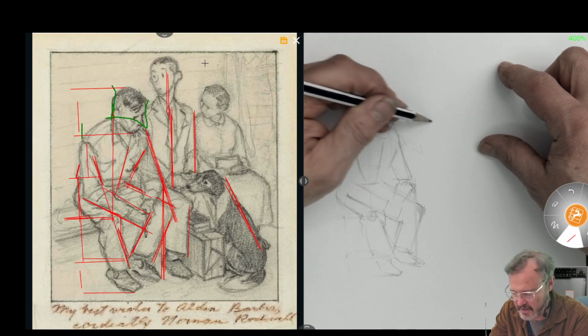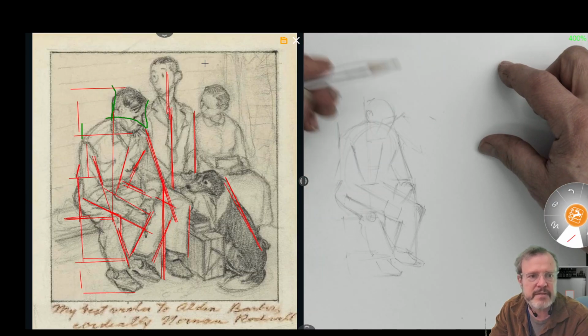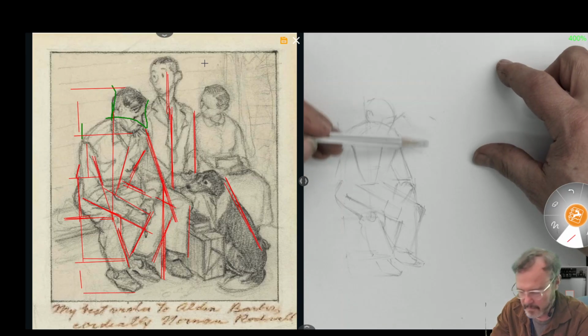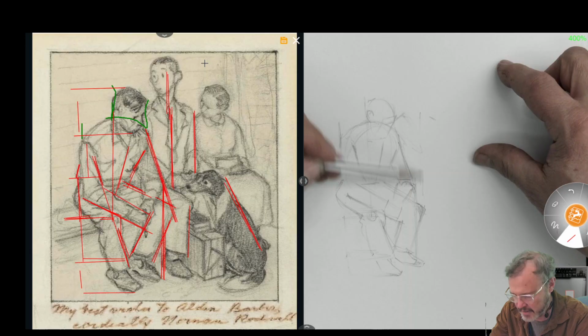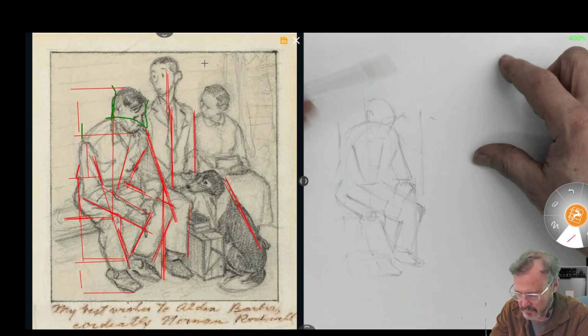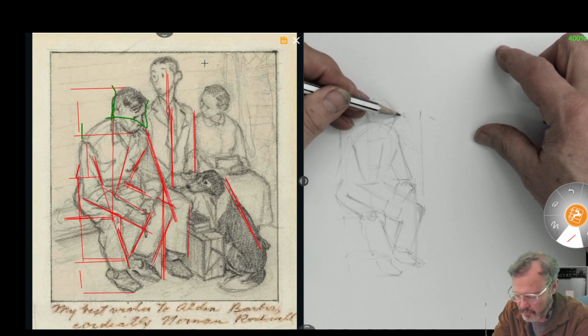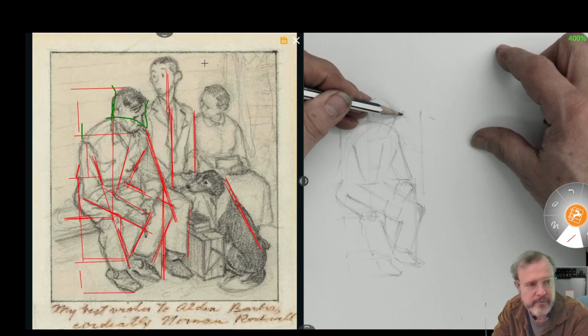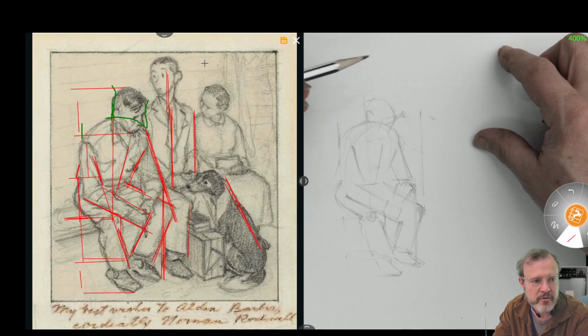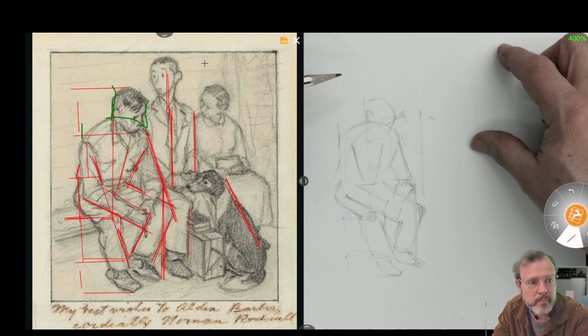It's obviously not just about formal relationships. It's about an actual story, but the formal devices very strongly reinforce the mood that Norman Rockwell was trying to convey.